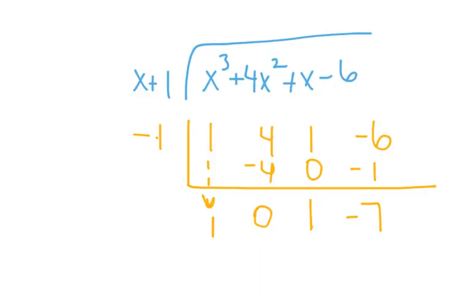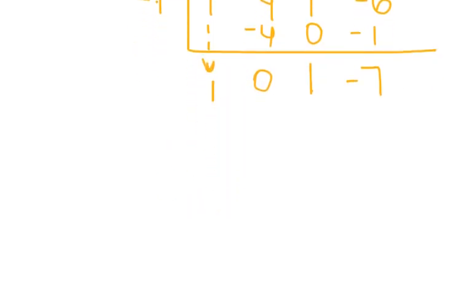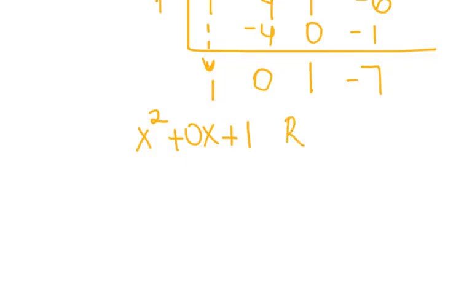Again, I'm dividing a cubic by a linear, so this is going to be a quadratic, an x squared. So we have x squared plus 3x minus 2, with a remainder of negative 4. Either way is fine.